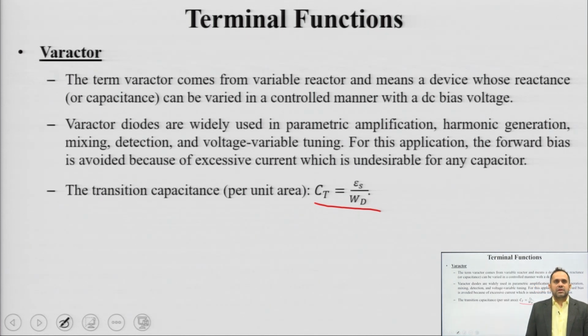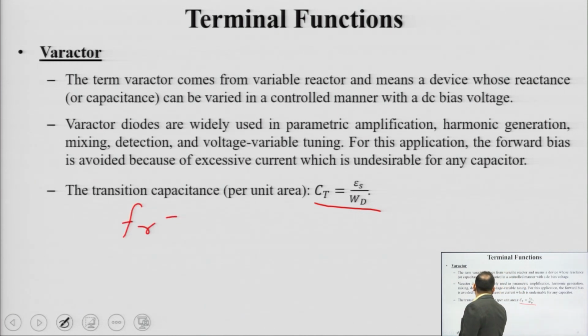Okay. Generally, this can be used in your tuning circuits or resonant circuits. Say you have an LC resonant circuit, generally having a variable inductor is very difficult. Integrating an inductance on an IC is also very difficult. So, one would say that inductors should be fixed, value of inductance should be fixed, and if you want a variable resonant frequency, the resonant frequency is given by 1 by 2 pi square root of LC.